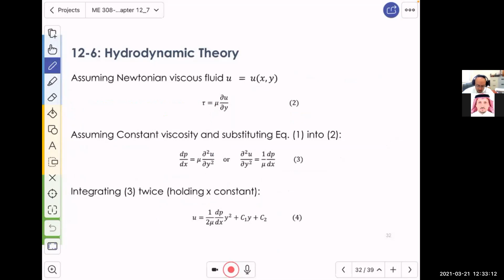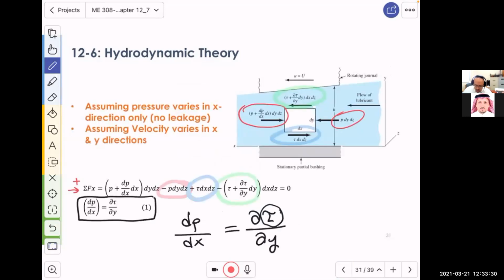We realize that by assuming that this is a Newtonian fluid, then tau is equal to mu del u over del y. Now, you may ask how it is going to help if I only replace this with tau equals mu du over dy.